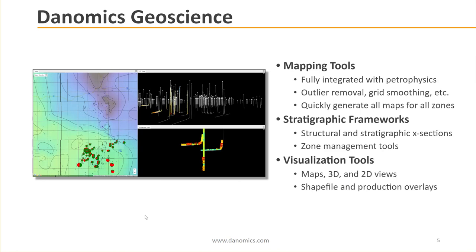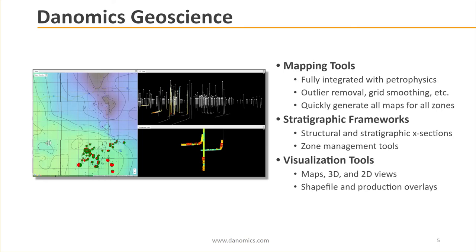And then we're developing our Geoscience product line to help you bring this all together. The Geoscience has things like maps and cross sections and zone management tools, so you can go in and start to build up the displays that you would like.